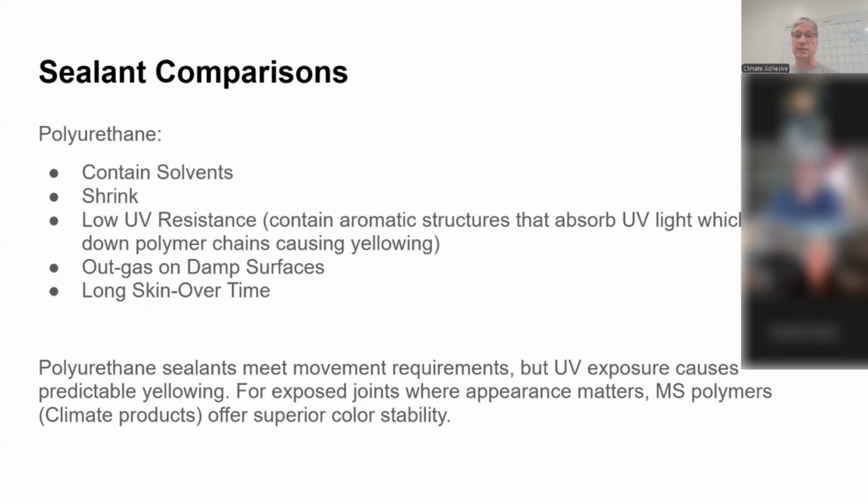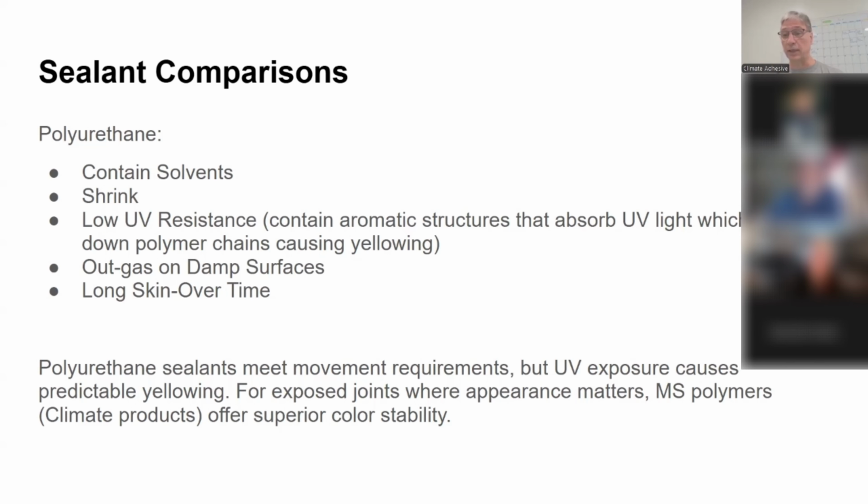It says they contain aromatic structures that absorb UV light, and that's what causes degradation within the polymers. If you've ever seen somebody use a polyurethane in an exposed application, especially lighter colors, they yellow really easily from UV light. And that can be a problem.